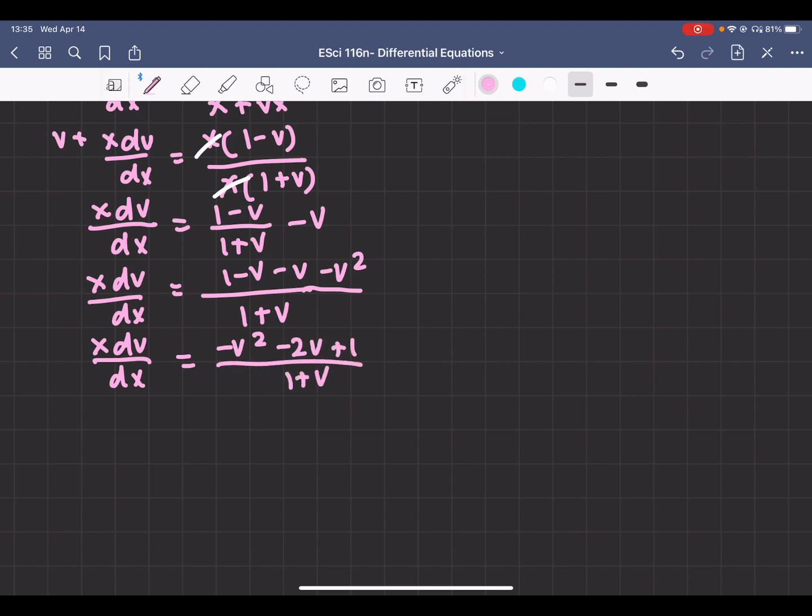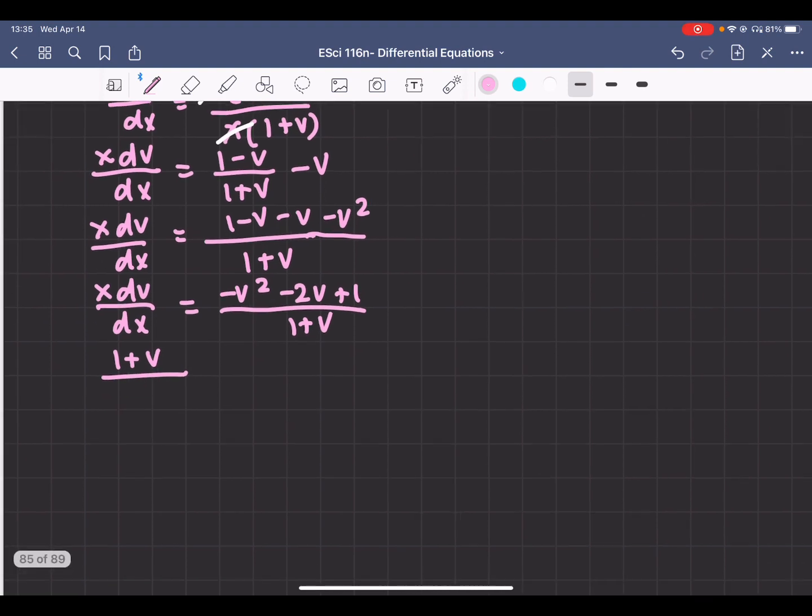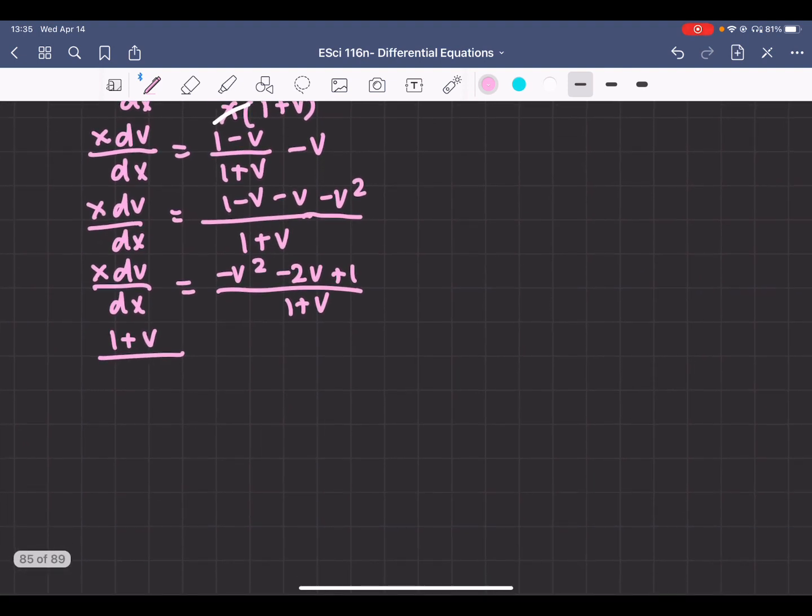Now, putting all of the v's on the left side and all the x on the right side, we have 1 plus v over, again, we're going to leave the negative sign on the right side to simplify the integration. We have v squared plus 2v minus 1 is equal to negative dx all over x.